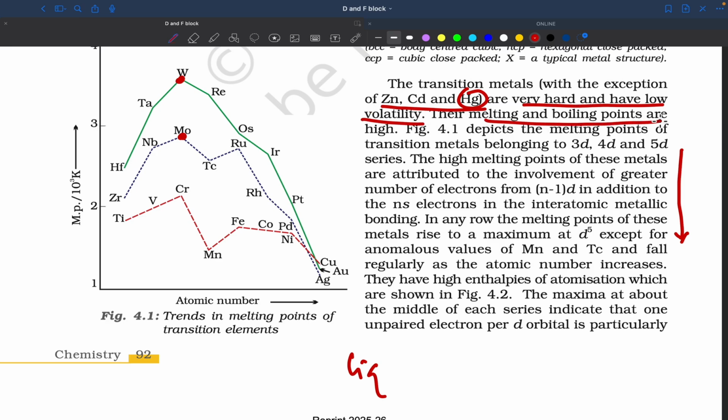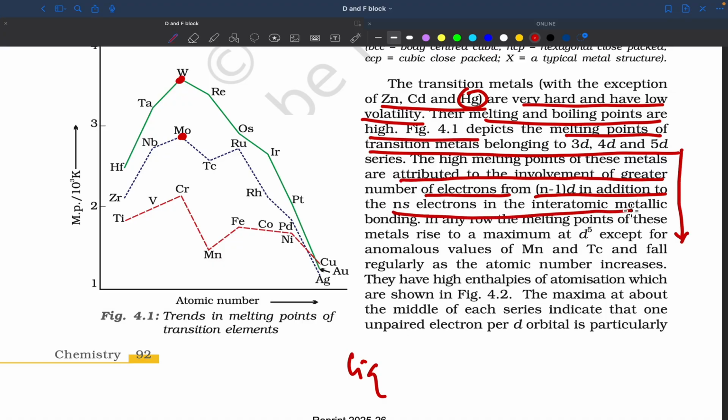Their melting points, boiling points. The figure depicts the melting points of transition metals belonging to the 3D, 4D, 5D series. The high melting points of these metals are attributed to the involvement of a greater number of electrons in (n-1)d, in addition to ns electrons, in interatomic metallic bonding.